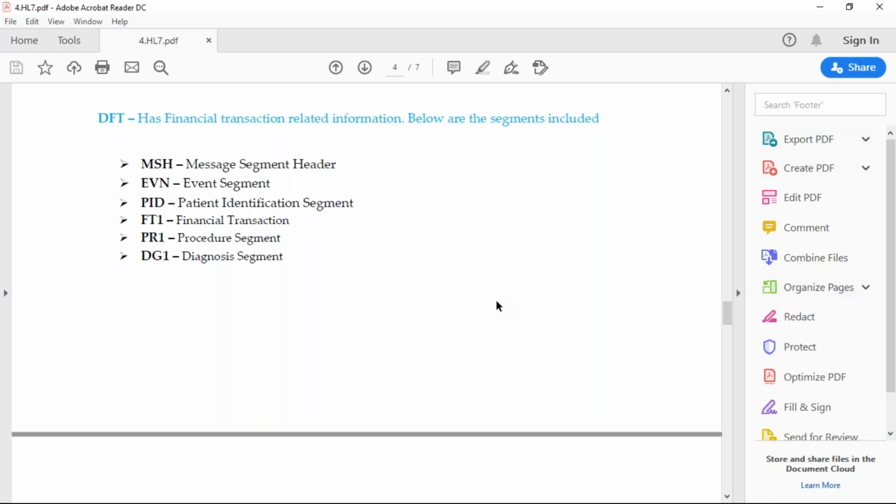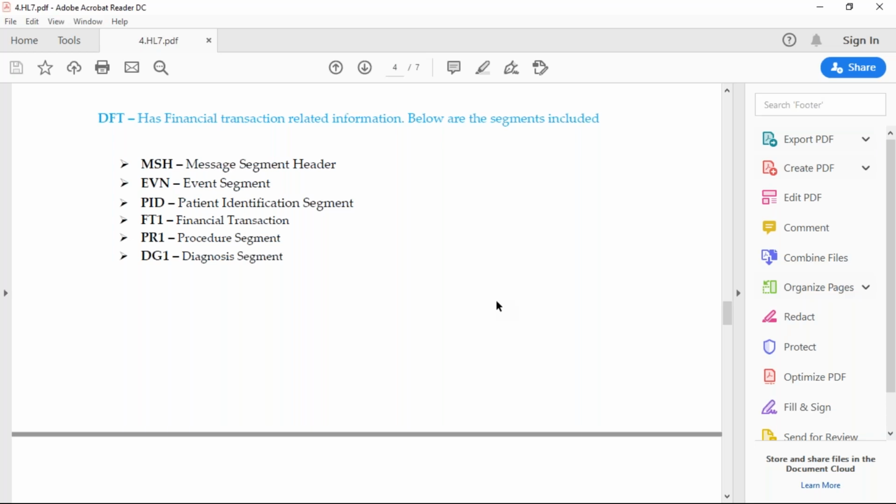There are many kinds of charges which are usually generated from the EHR system. Let us understand them one by one, and then we will go in depth about the segment and the data field details of a charge message. Now, when an appointment is being scheduled, usually we take a consultation fee for the visit.